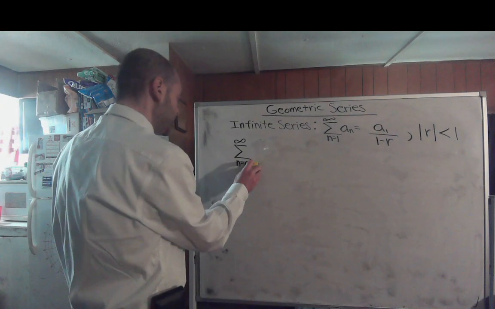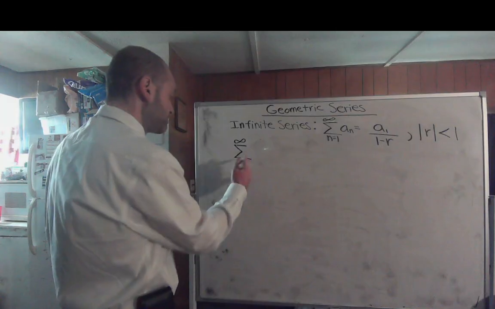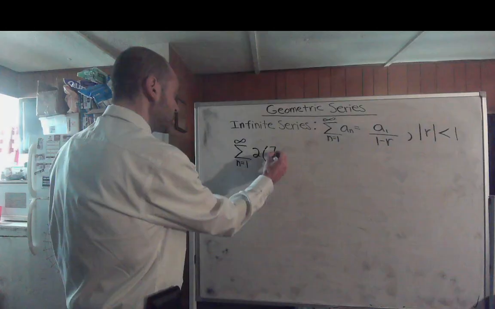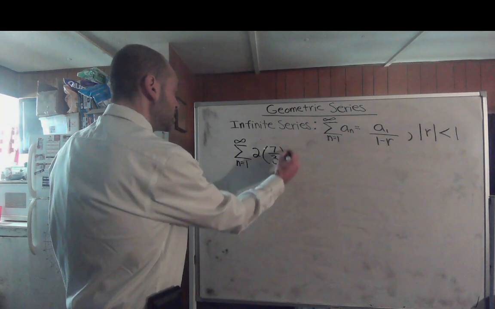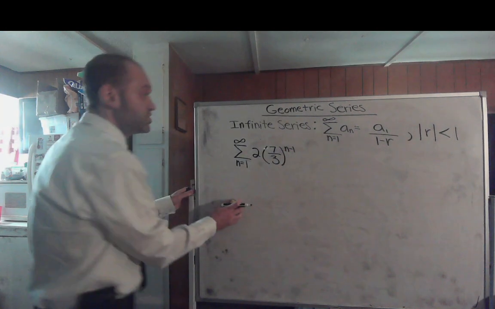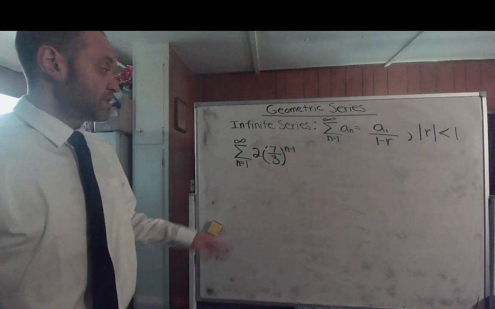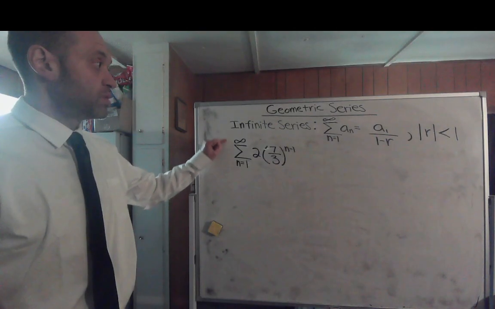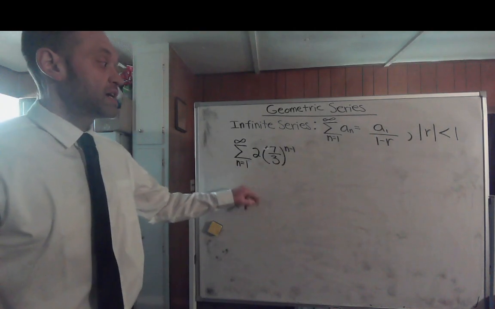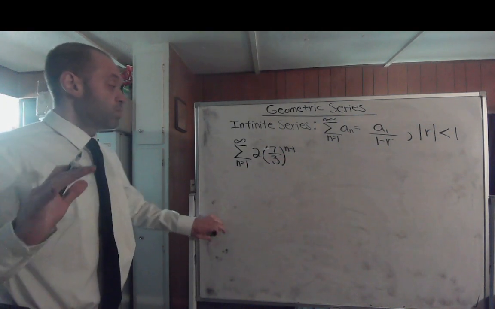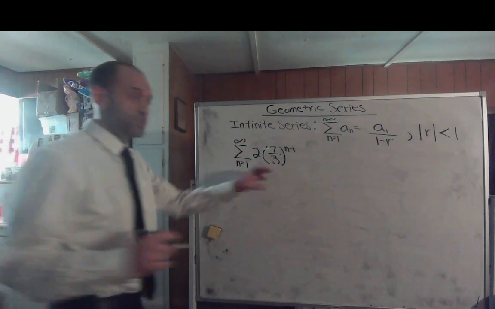Now, what if I gave you something like this? This is definitely a geometric series. You have the sum from n equals 1 to infinity of 2 times 7/3 to the n minus 1, okay? Well, what's your common ratio?